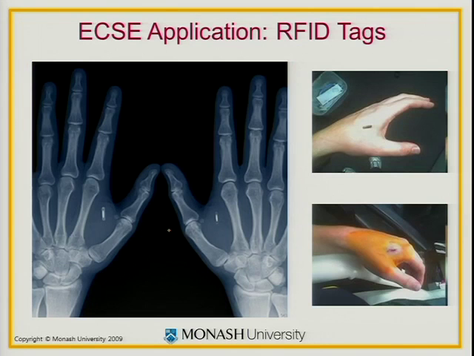If you don't like that application, maybe you like this one. Here's a young gentleman, an RFID hobbyist, who also surgically implanted RFID tags in his hands. You can see them both there, under the skin, implanted. Why would you do that?